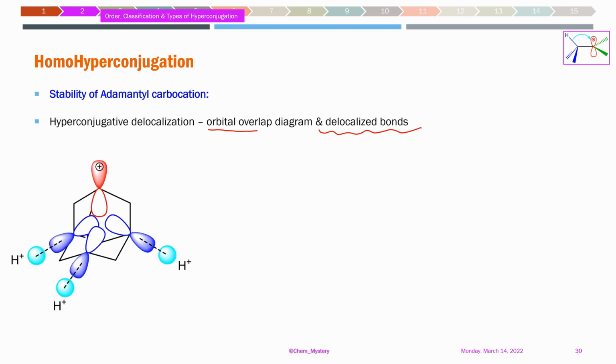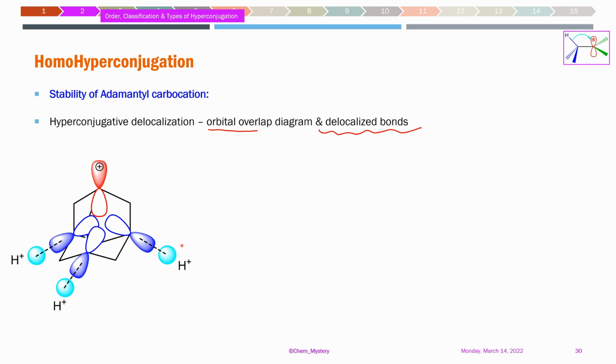We can see that the empty orbital on this carbon of the adamantyl backbone can overlap with this orbital, as well as with this orbital. When this hydrogen goes off as H+, these electrons will go onto these orbitals, and those orbitals can very easily form a bond with this carbocation. That can happen here, here, and here as well.